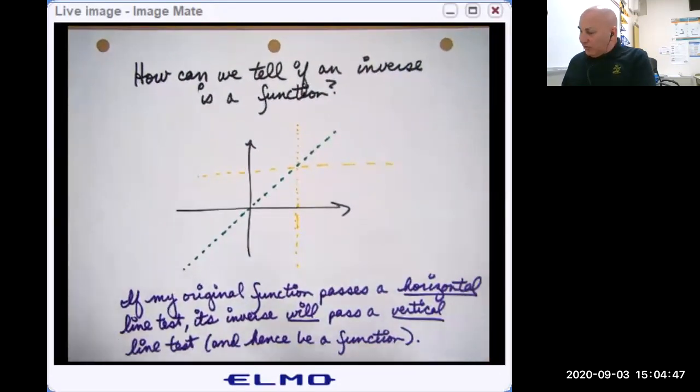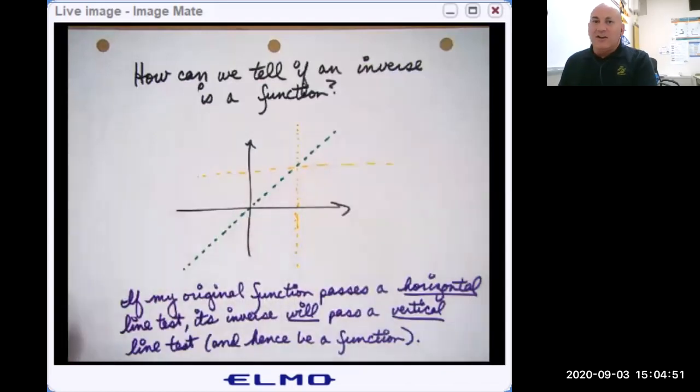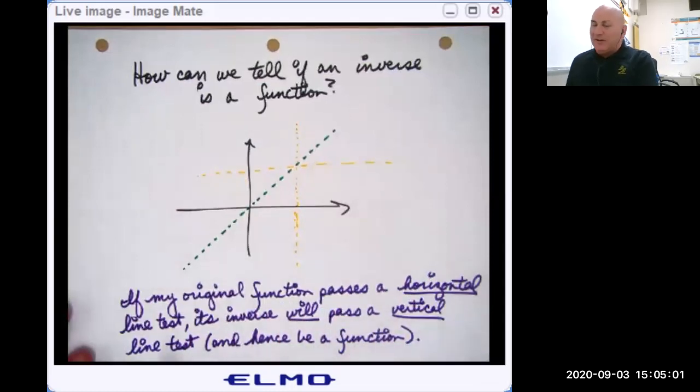If your original function passes the horizontal line test, in other words, it intersects the graph only once, then its inverse will pass the vertical line test and will be a function. You can almost always find an inverse, but is the inverse a function? So let's see.